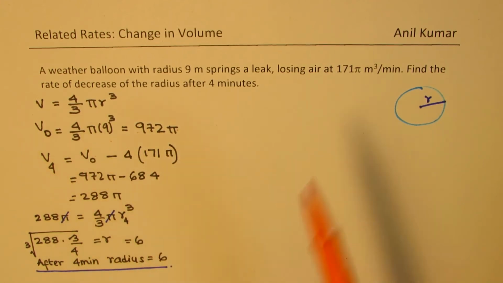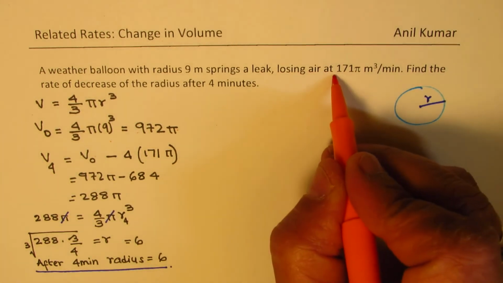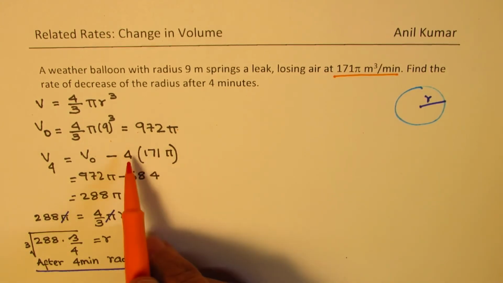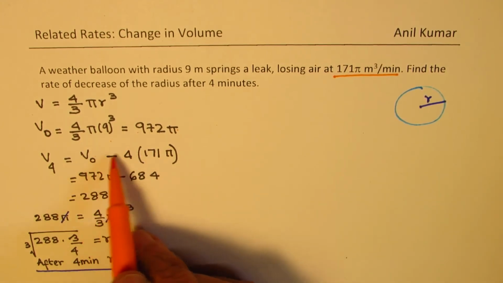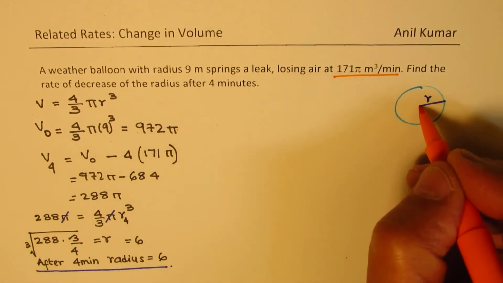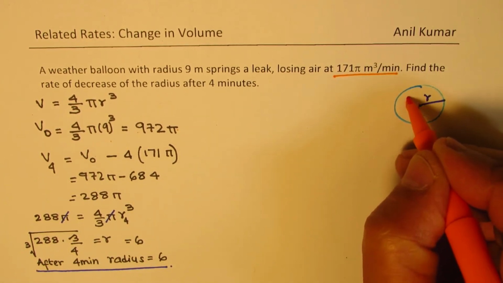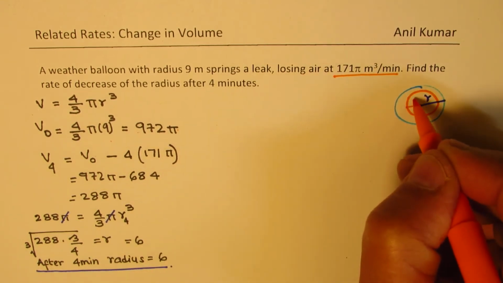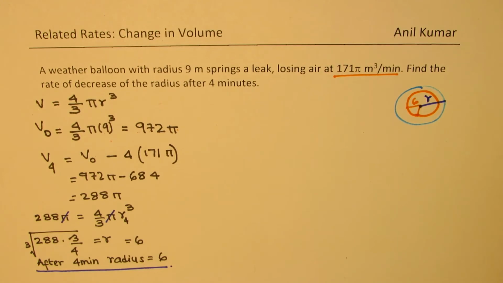Then every minute it is losing 171 pi meter cube per minute, multiplied by 4, we know how much the volume has reduced by, and the reduced volume is 288 pi. Again, using the same formula, we found the radius for the reduced volume, right? So we found that the smaller radius is 6 for us, right? So we started with 9, now the radius is 6.